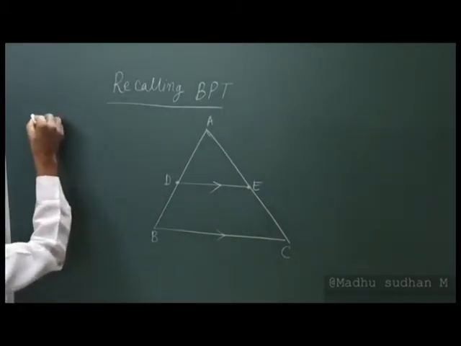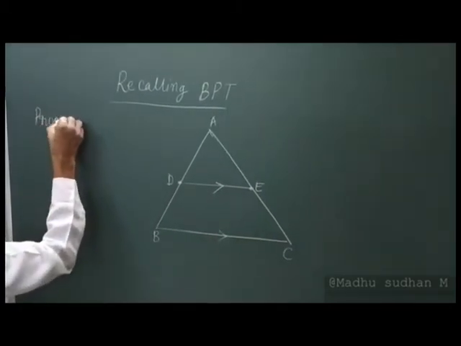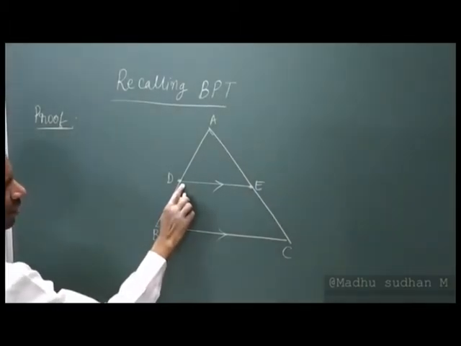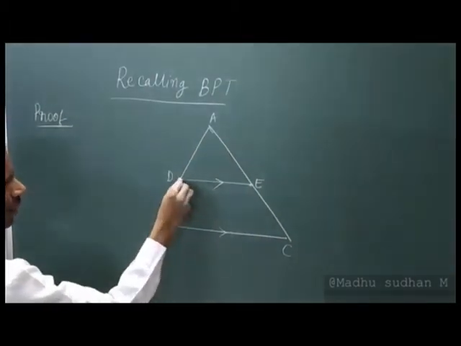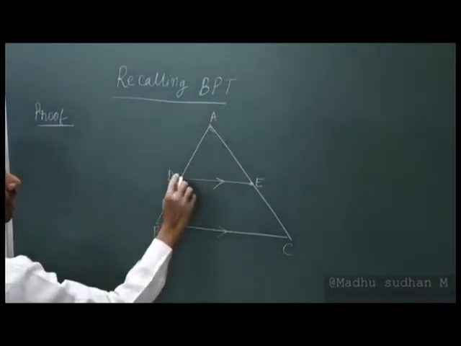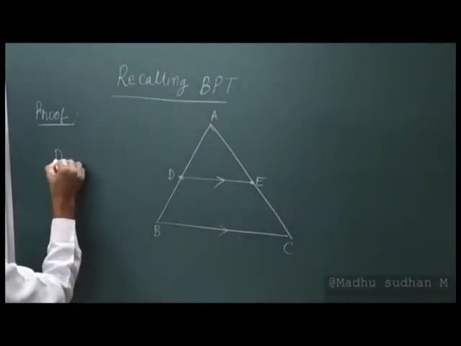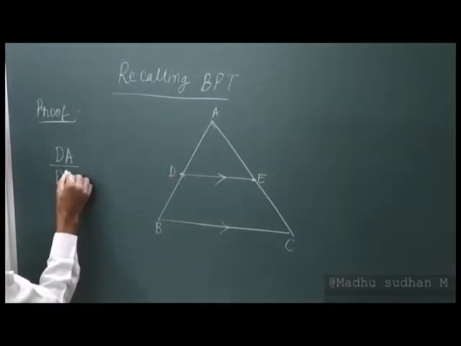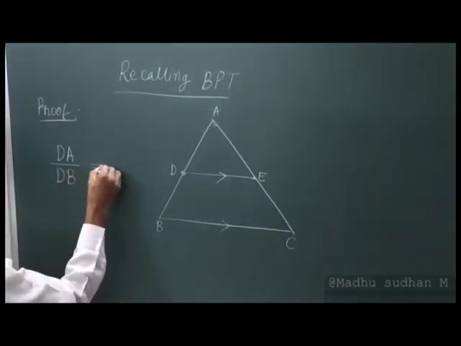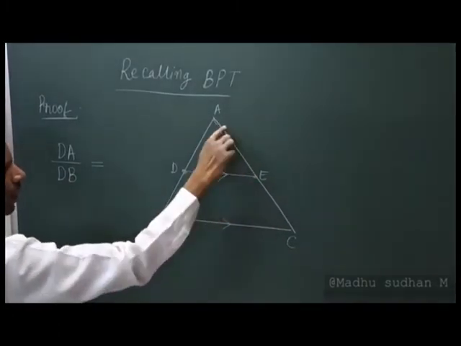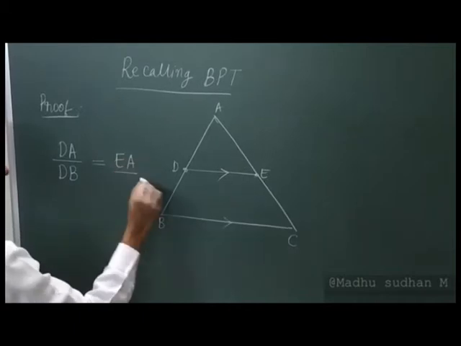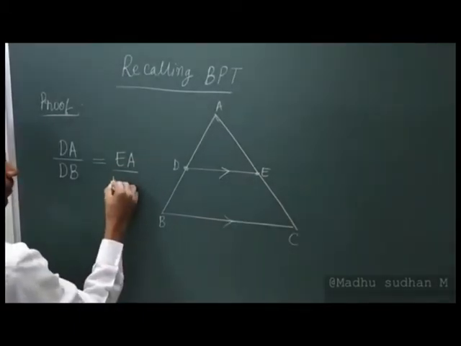Now what was the proof of the BPT? Let us understand it from this point. Let me consider the upper part first, DA by DB, which is equal to EA, the upper part here, by the lower part EC.